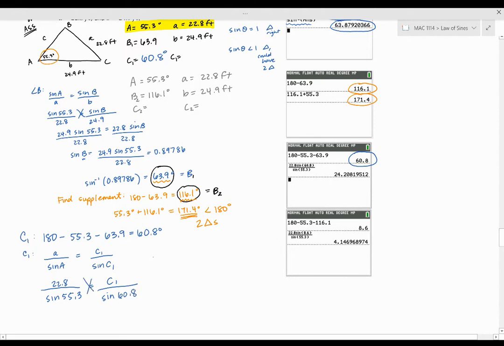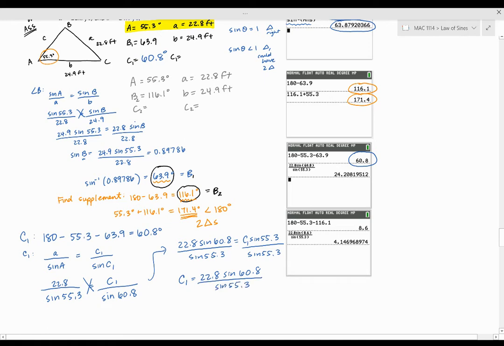I'm going to cross multiply. So that's 22.8 sine of 60.8 equals c1 sine 55.3. I'm going to divide by sine of 55.3. So c1 equals 22.8 sine 60.8 divided by sine of 55.3.